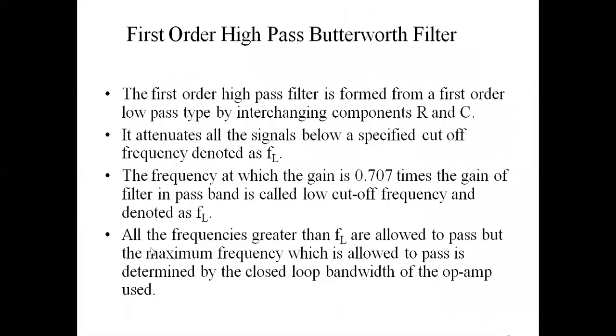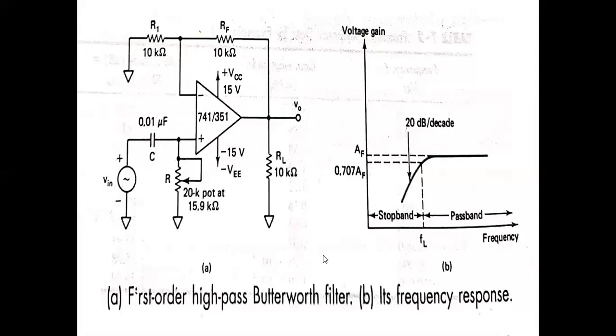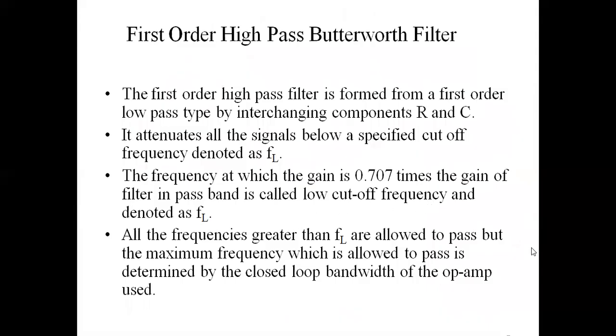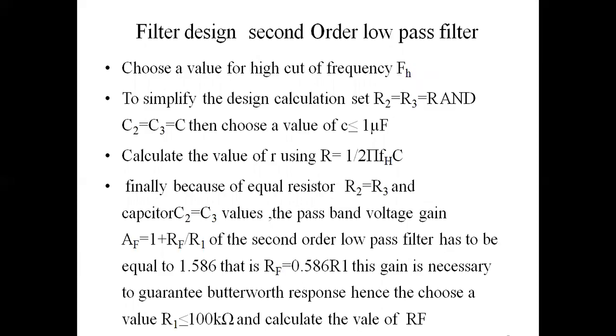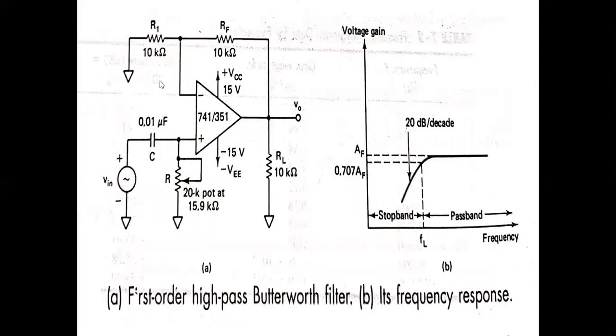All frequencies greater than FL are allowed to pass in this frequency response, but the maximum frequency which is allowed to pass is determined by the closed loop bandwidth of the op amp used. In this way we can determine the first order high pass Butterworth filter.